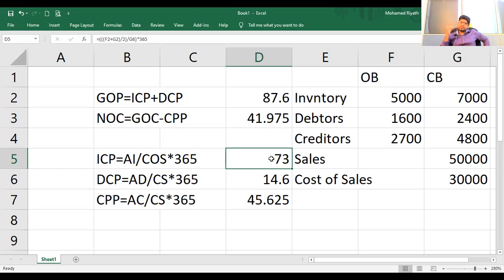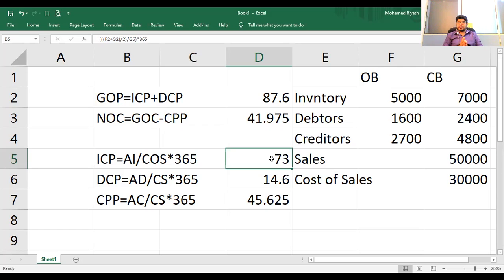Anybody of you? Everybody can calculate the figure. Total time for processing. Processing what? Total time for producing and selling the product. Yes, it's a time period, right?